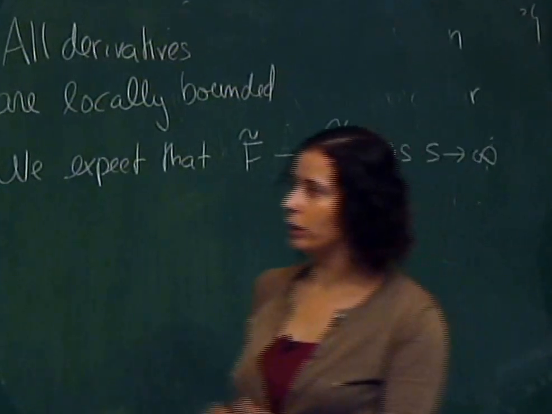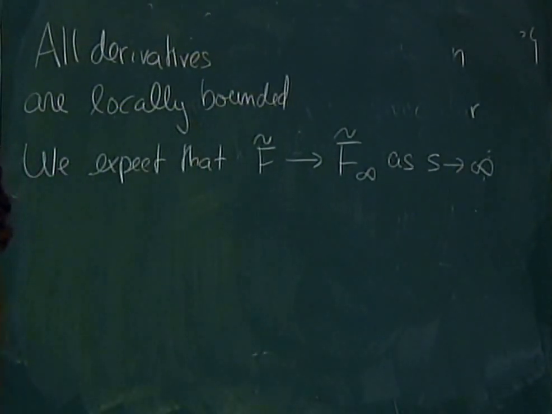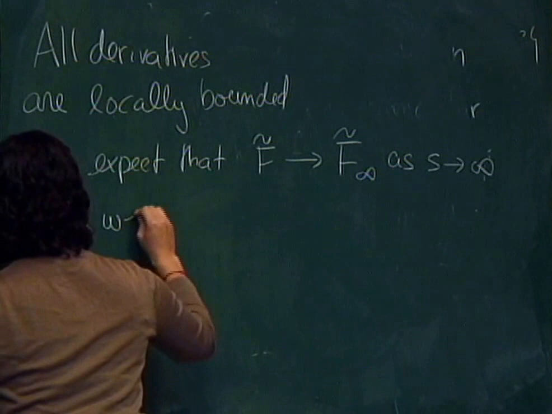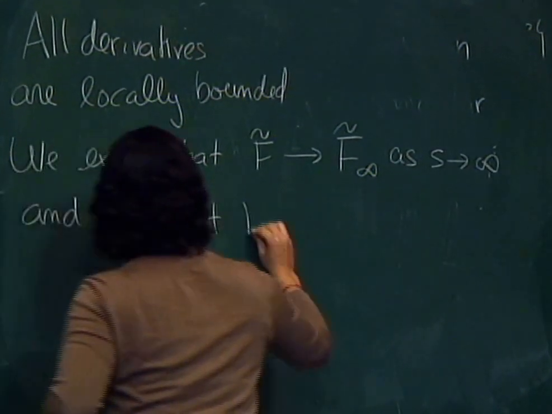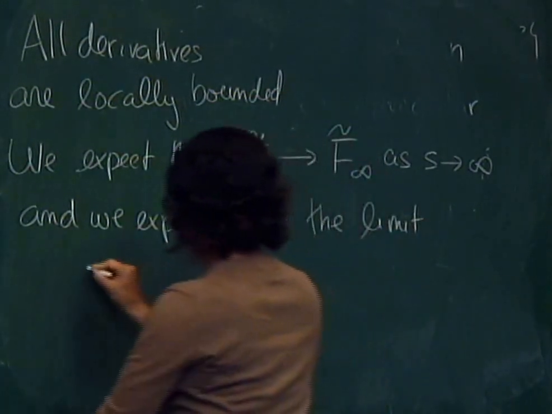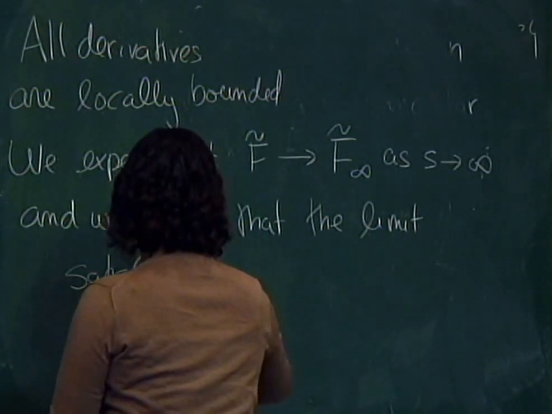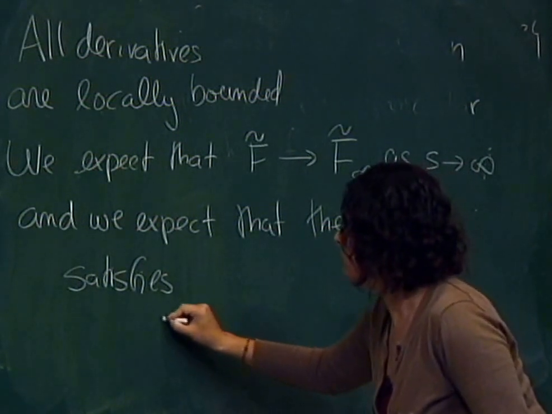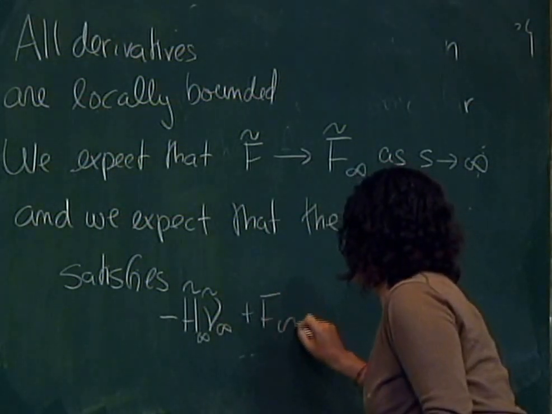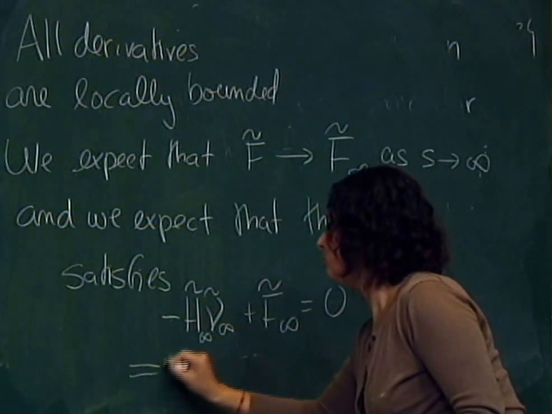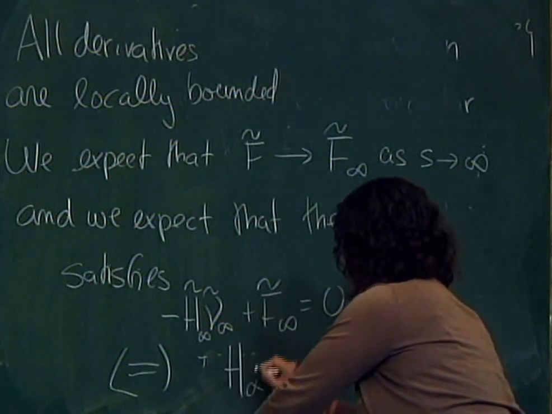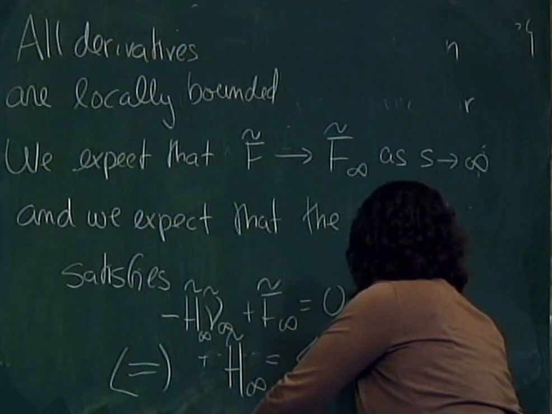And if things are really very, very good, I also expect that the limit satisfies minus h infinity nu infinity plus f infinity is 0, or what is equivalent, h infinity is nu infinity dot f.